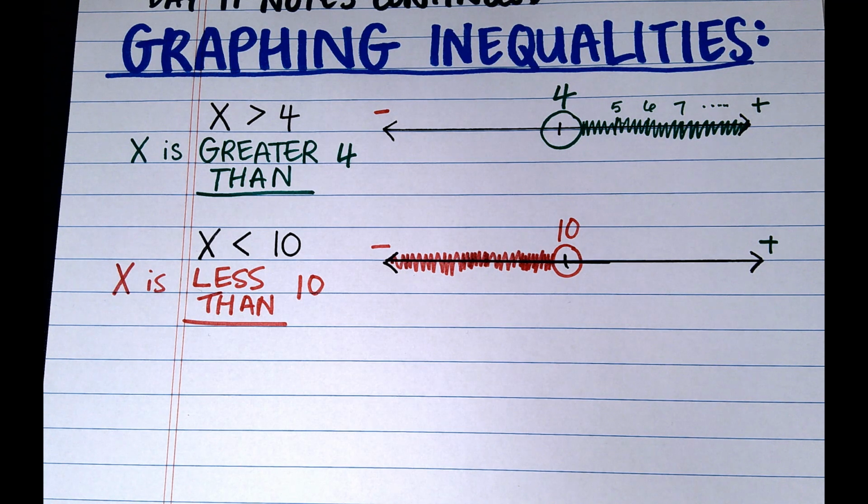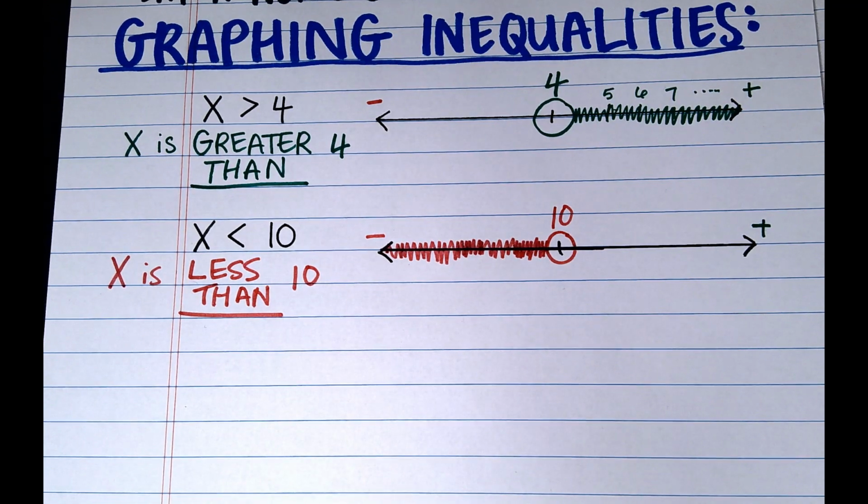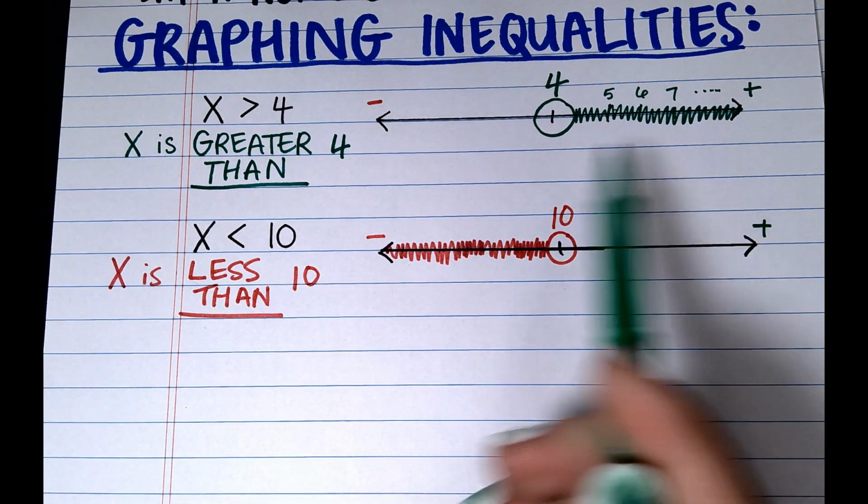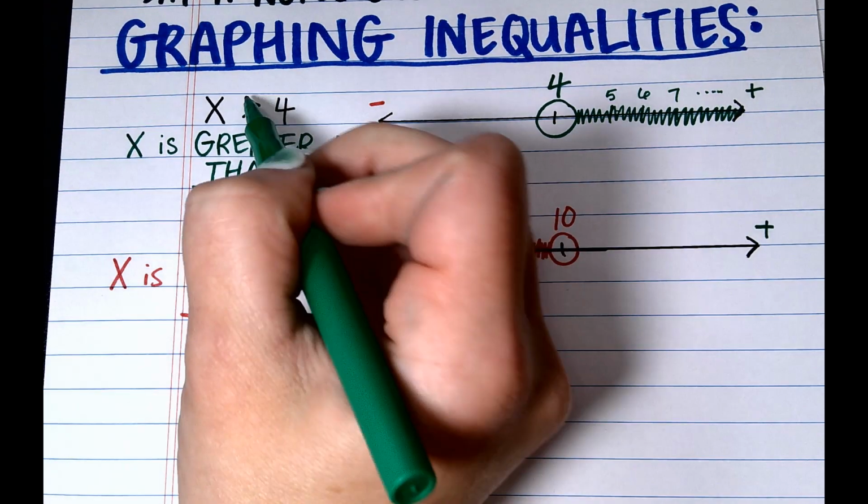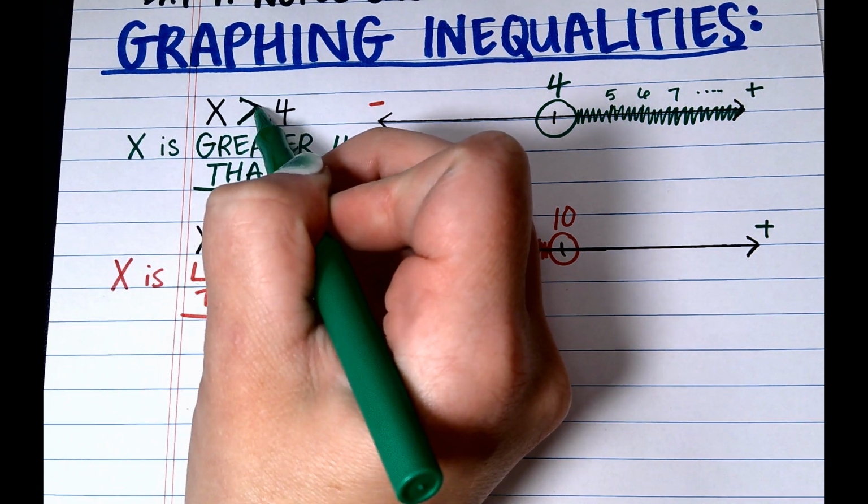So, now we know how to do that. All right. So we have a greater than graph, we have a less than graph, and I also have a little trick for remembering which direction to shade. So if we're looking, for example, at greater than, here's my greater than symbol.